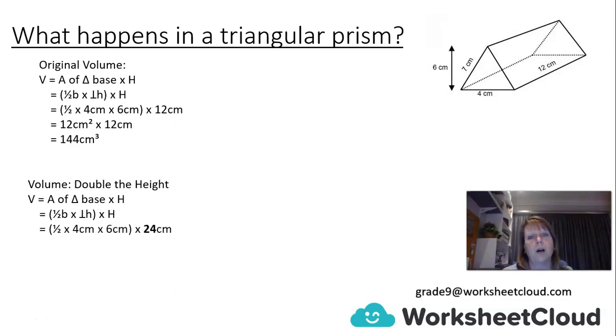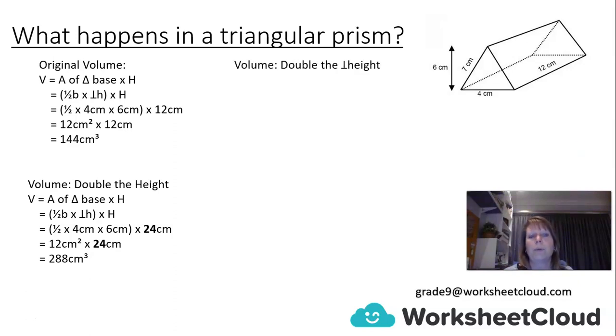So half times 4 centimeters times 6 centimeters times the 24 centimeters, which is double the prism's height. Again we're going to get 12 centimeters squared times 24 centimeters, and that is going to give me 288 centimeters cubed.